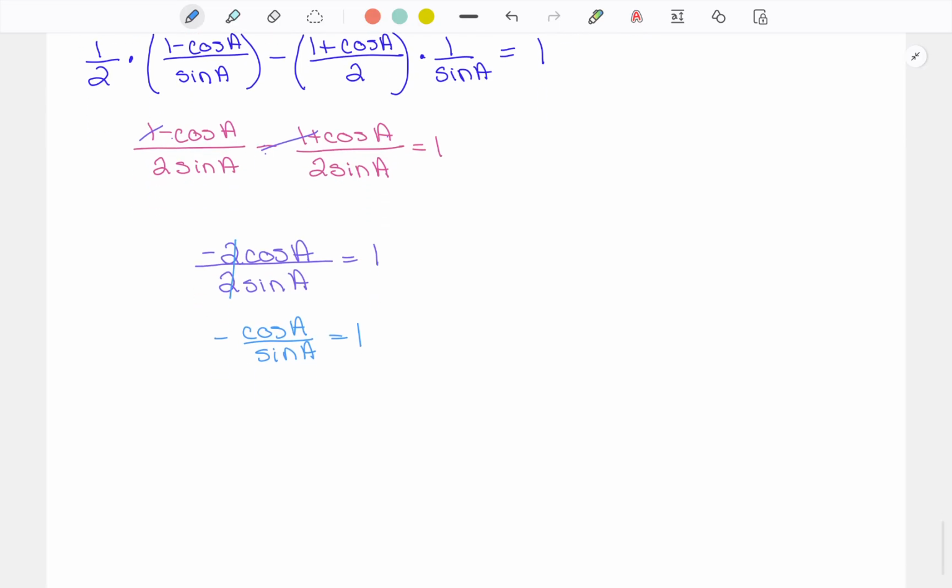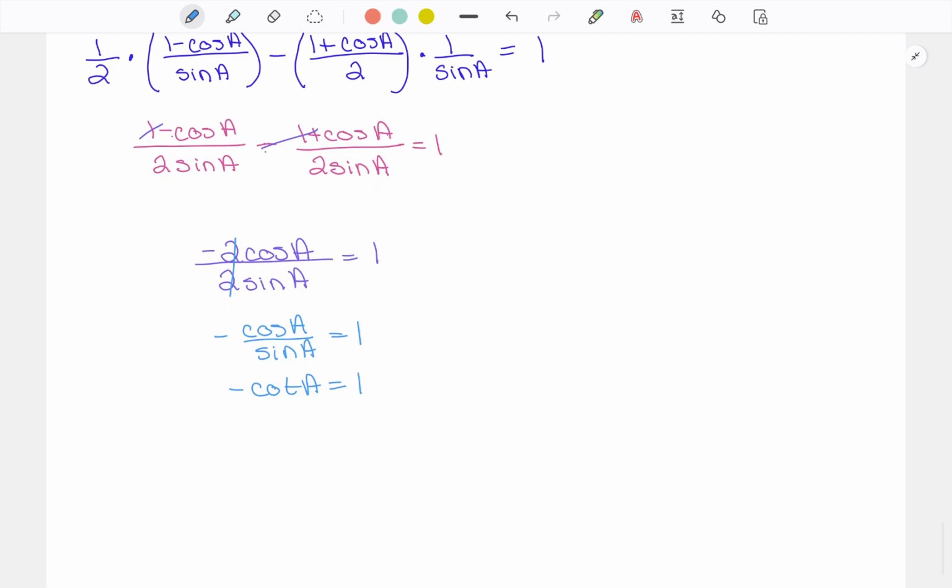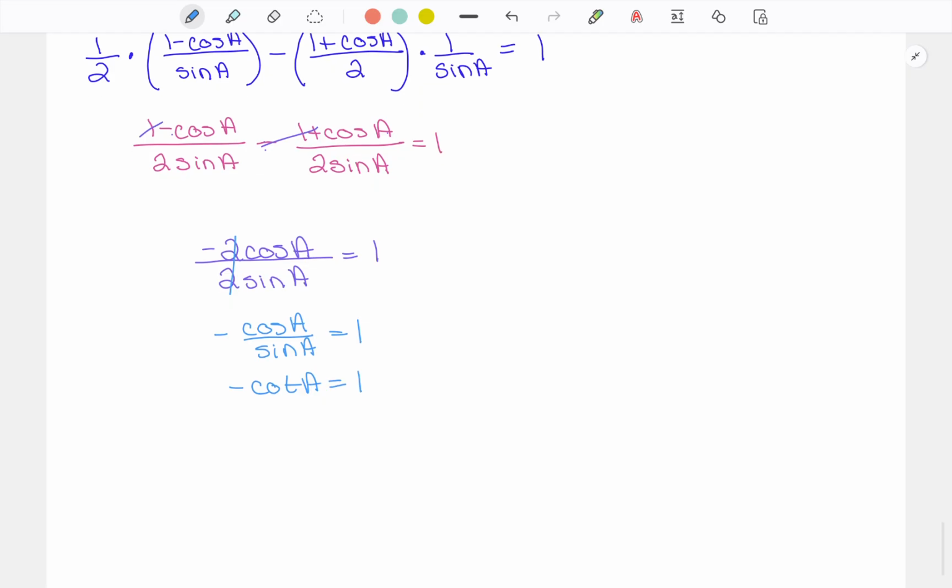Well, cosine over sine is cotangent. So I have a negative cotangent a equals 1. And of course, negative cotangent, we can divide that by -1 or just multiply by -1. That's usually easier. And then that gives us cotangent a equals -1.